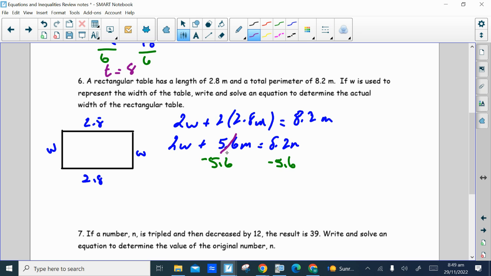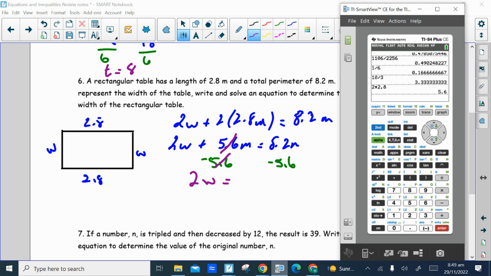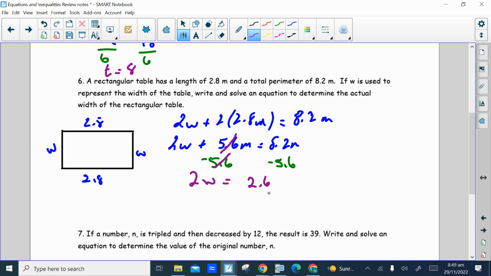So they'll cancel on the left. We'll have 2W by itself. 8.2 take away the 5.6 on the right is 2.6. And then we'll divide both sides by 2. And that'll get the W by itself, and that'll be 1.3 meters.